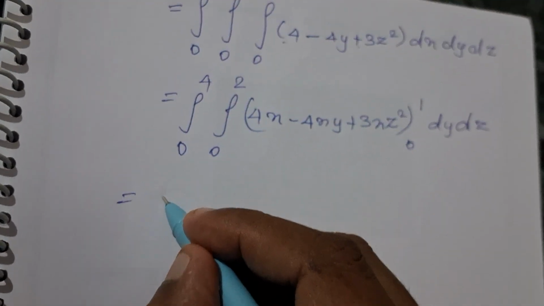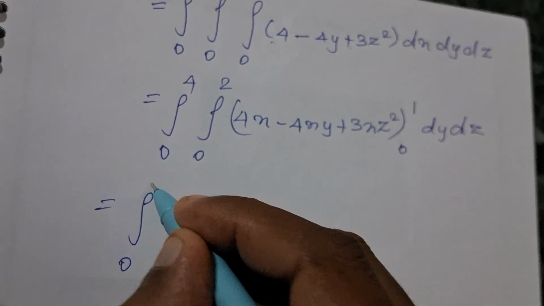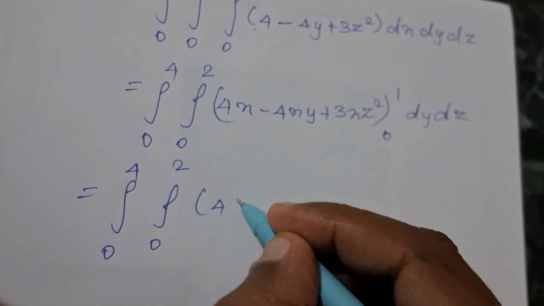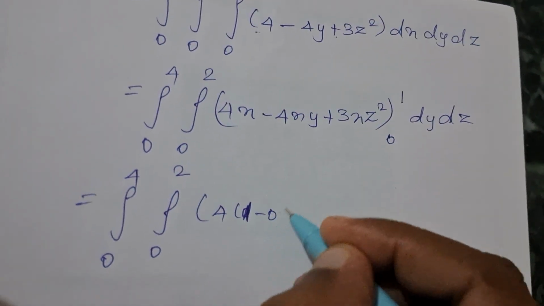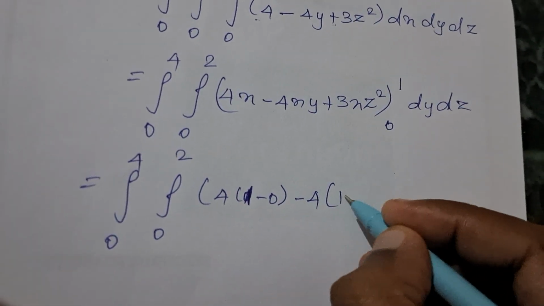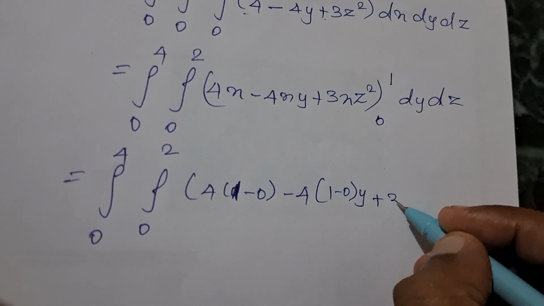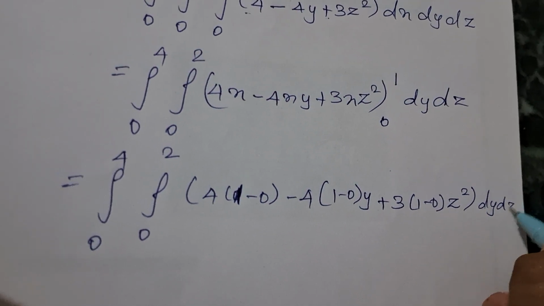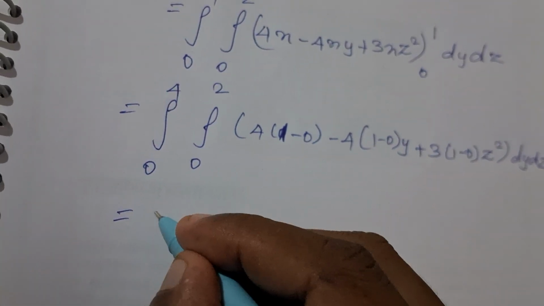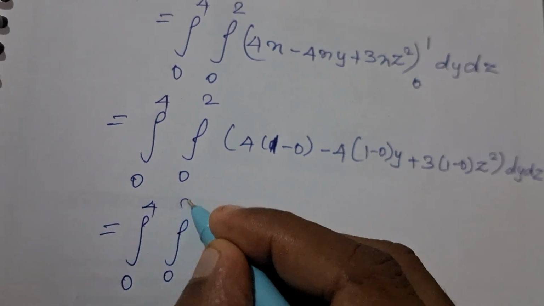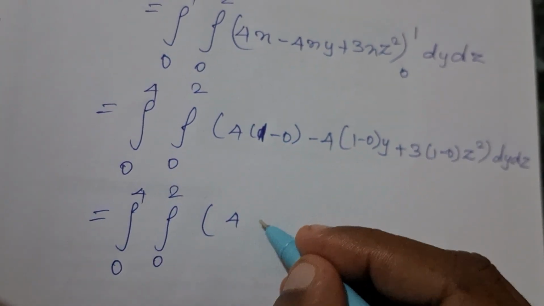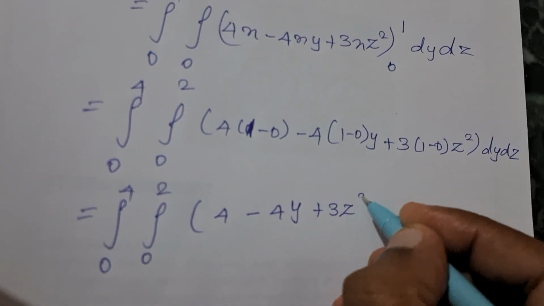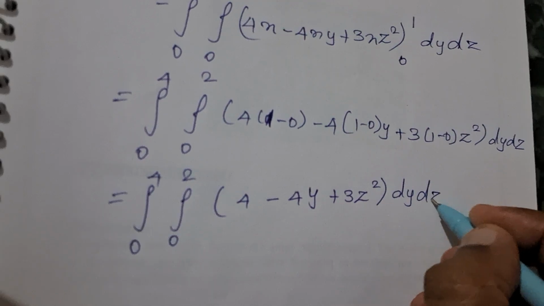Substituting the upper limit 1 and lower limit 0, we get 4 times (1 minus 0) minus 4 times (1 minus 0) y plus 3 times (1 minus 0) z square, dy dz. That is 4 minus 4y plus 3z square dy dz.